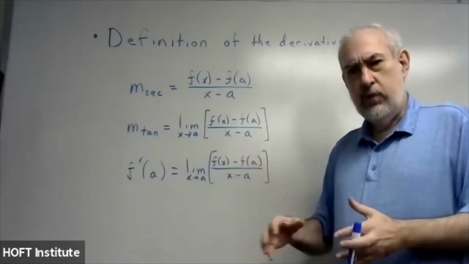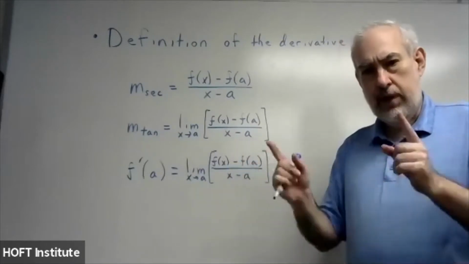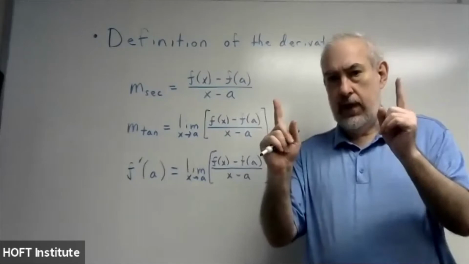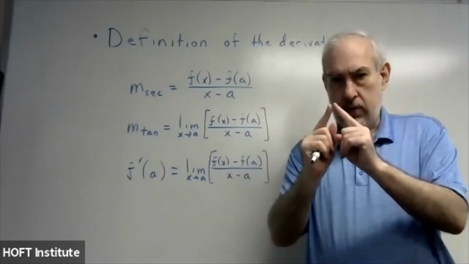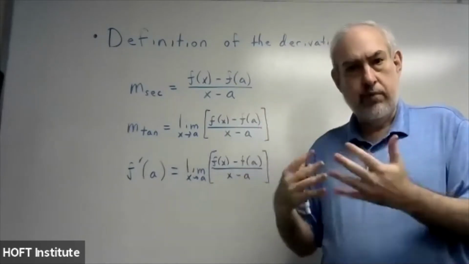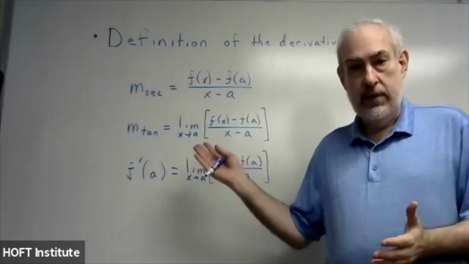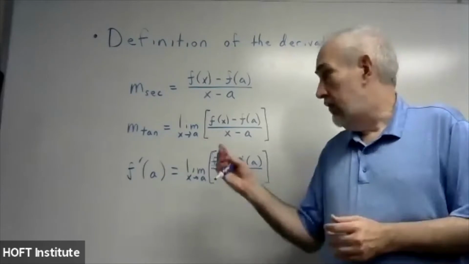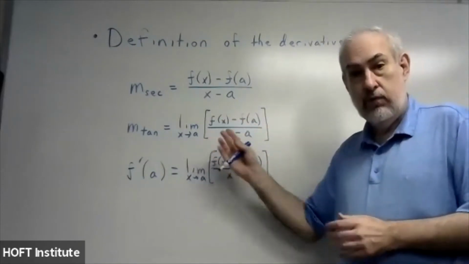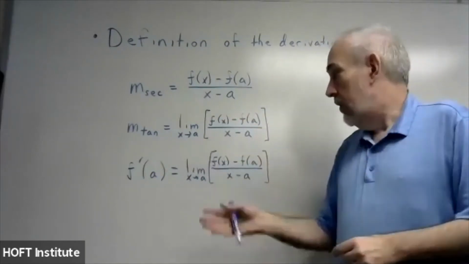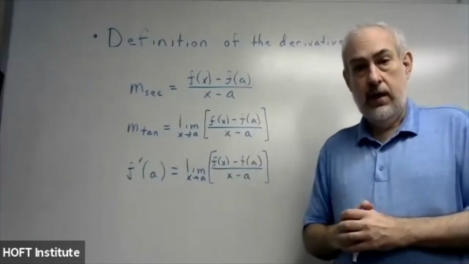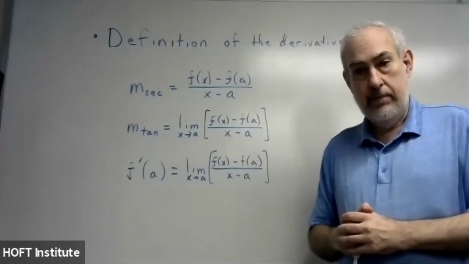As we've talked about previously, if we bring the 2 points closer and closer together, the slope of our secant line should approach the slope of the tangent line, and that concept is exactly what the limit does. It evaluates what this function does as x gets really, really close to a. So this is how we're going to define the slope of the tangent line.